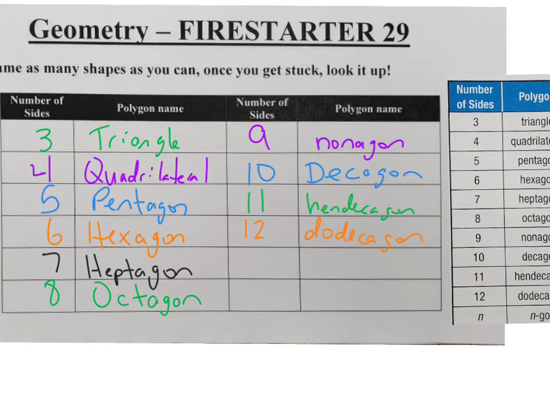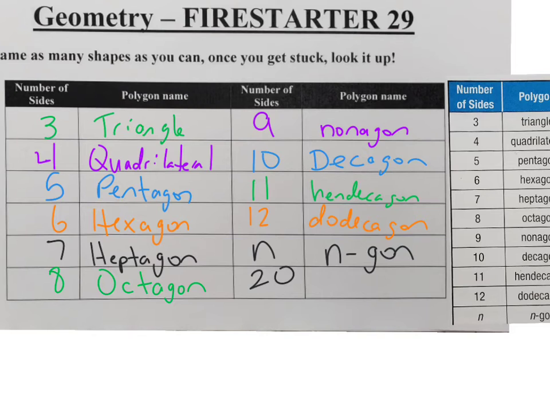And then we have n-gon. There's more. And if you want to look up 20, 20 is a good one. And that's it for the first one.